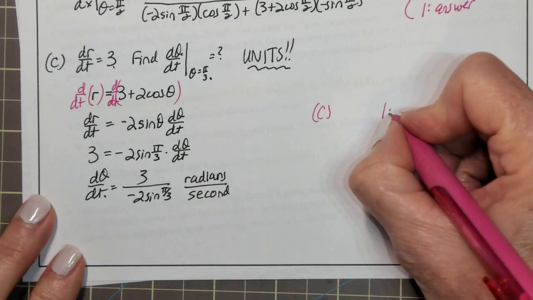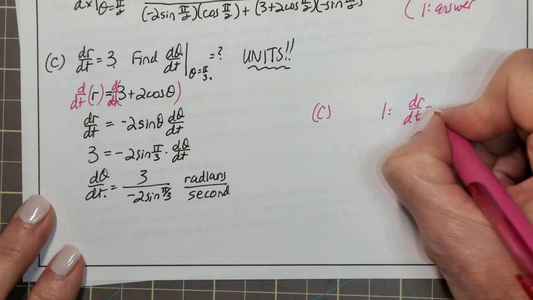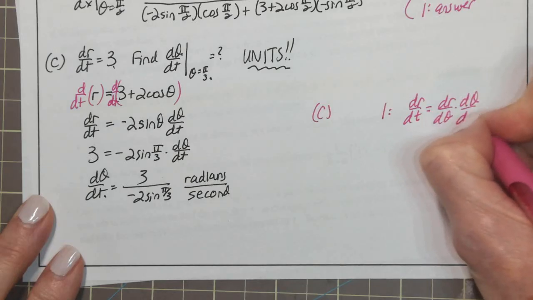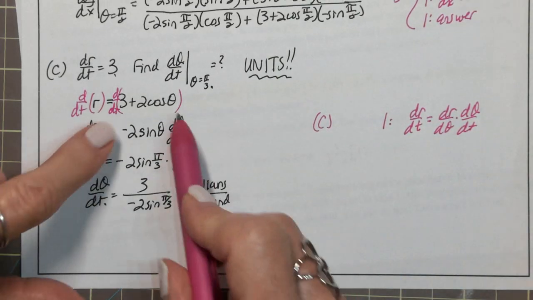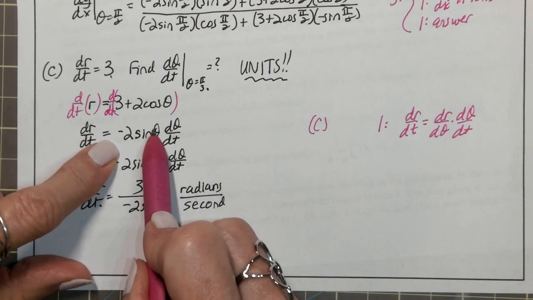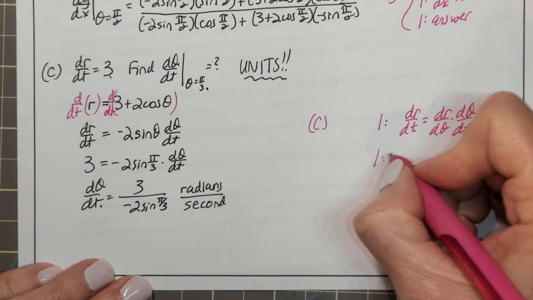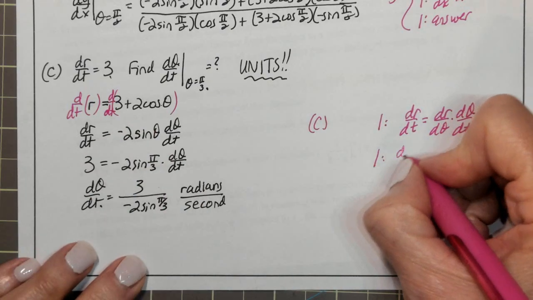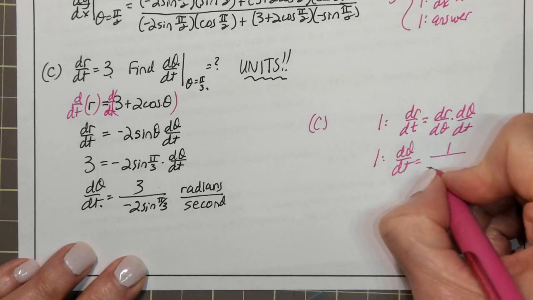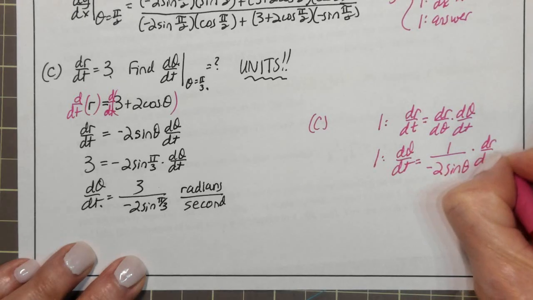So 1 point was for, this is how they wrote this: dr dt is equal to dr d theta times d theta dt. We did that when we did the implicit differentiation here. This was dr d theta. This is d theta dt. 1 point for d theta dt is equal to 1 over -2 sine of theta times dr dt.